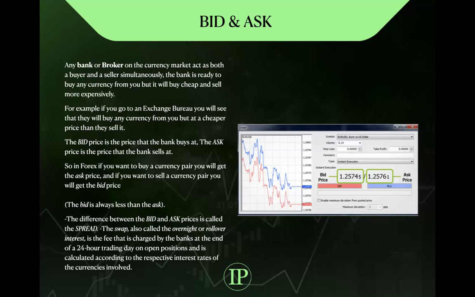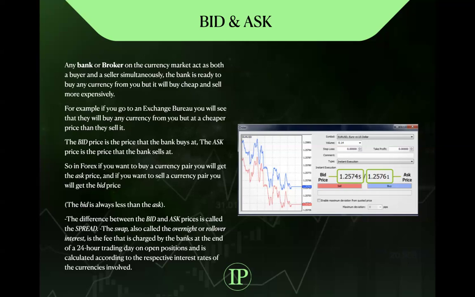Okay, any bank or broker on the currency market acts as both a buyer and a seller at the same time. The bank is ready to buy any currency from you, but it will buy it cheaper, okay, and is willing to sell more expensive, okay?